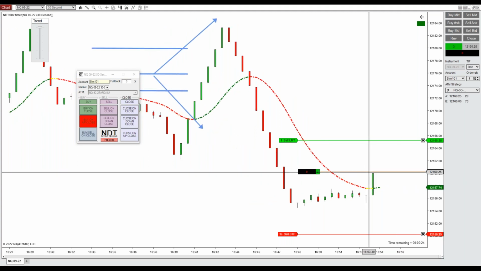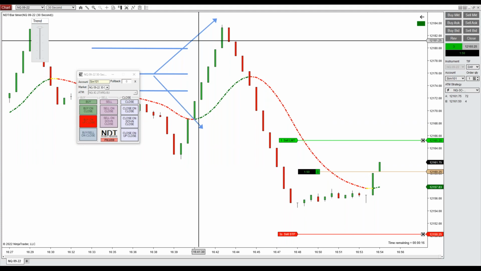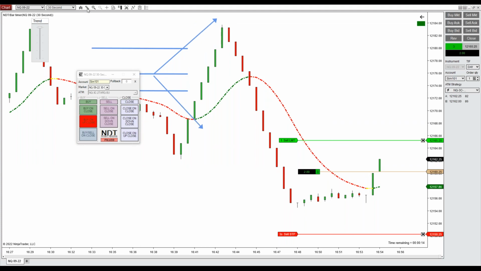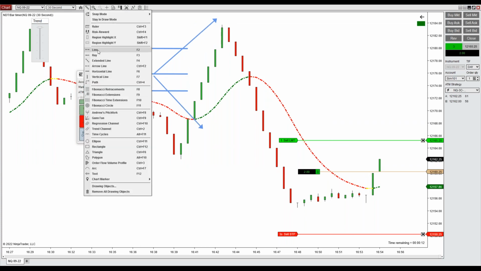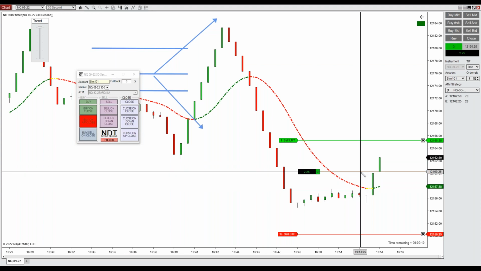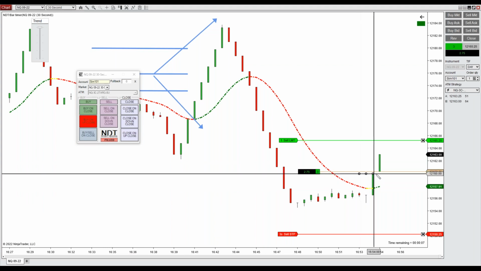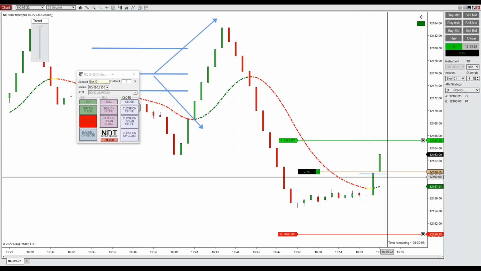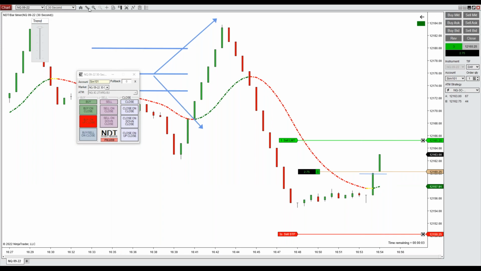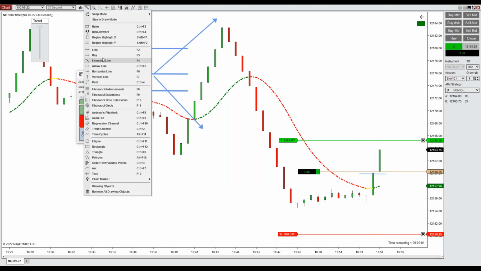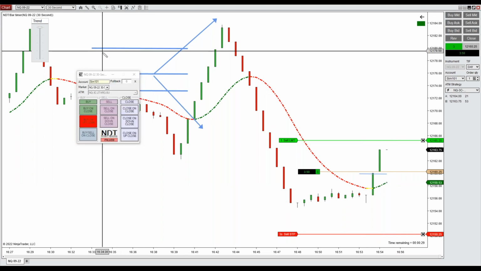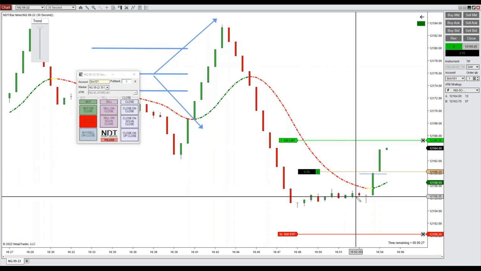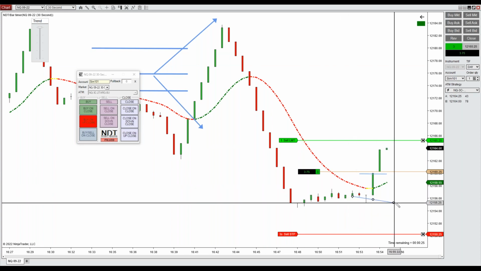Now this is an exact entry, 1 tick above the close of the candle. And you should know that the top of a candle, the reason we do that is this is a very weak area of resistance. And the reason some traders like to close on a reversal is that this is a very weak area of support.